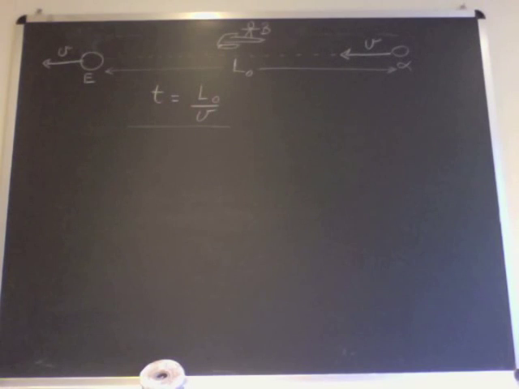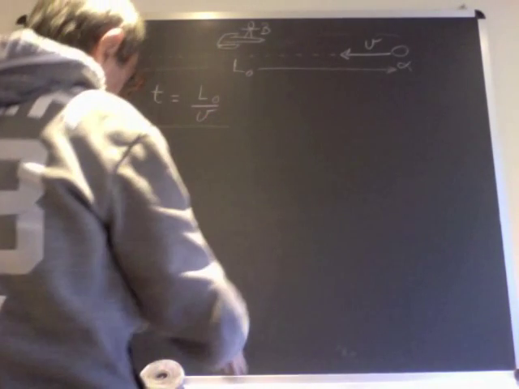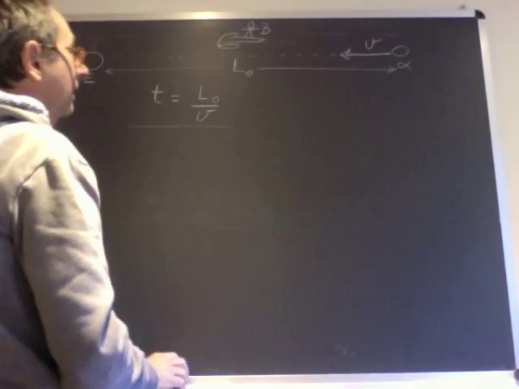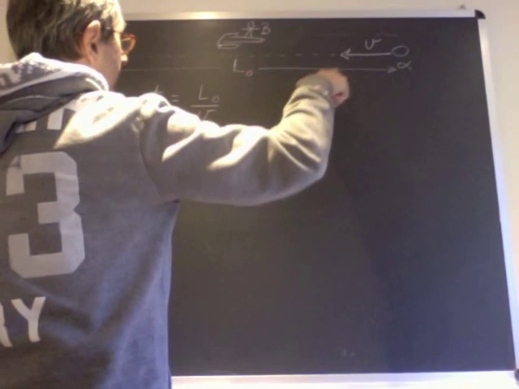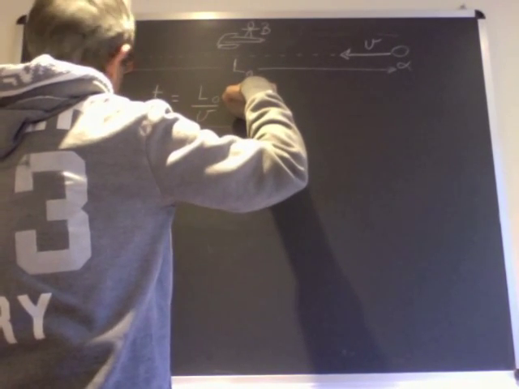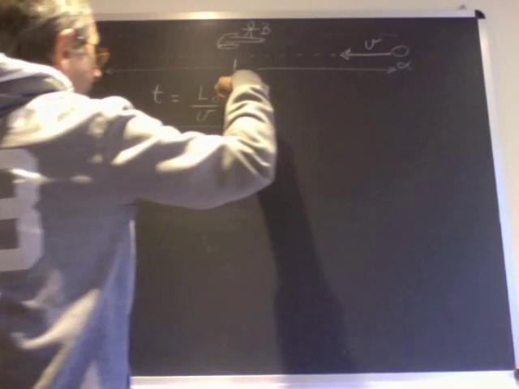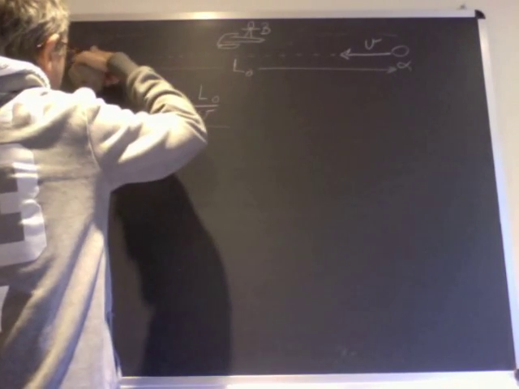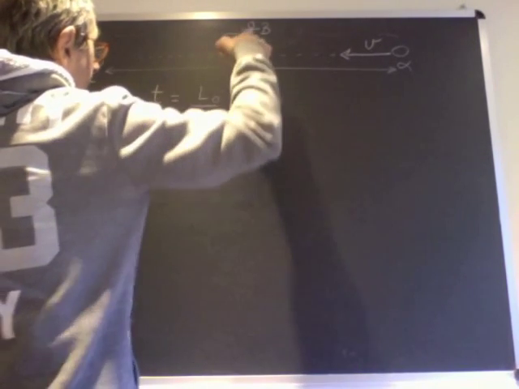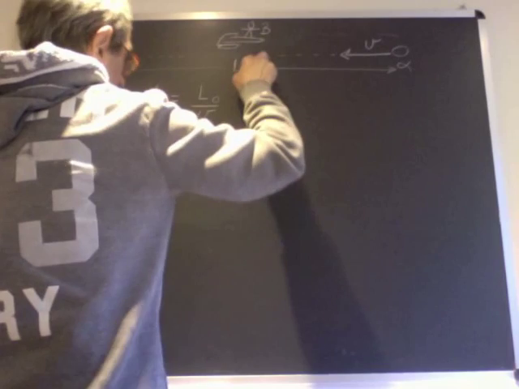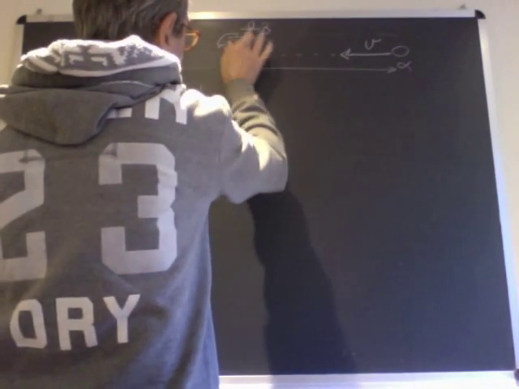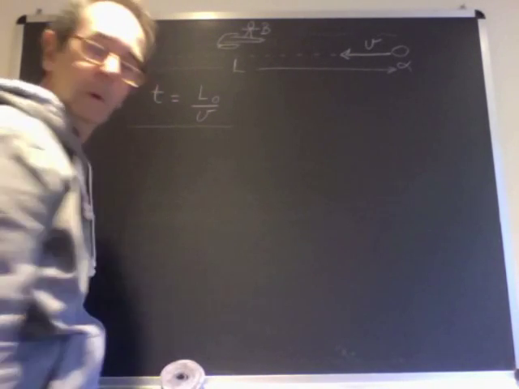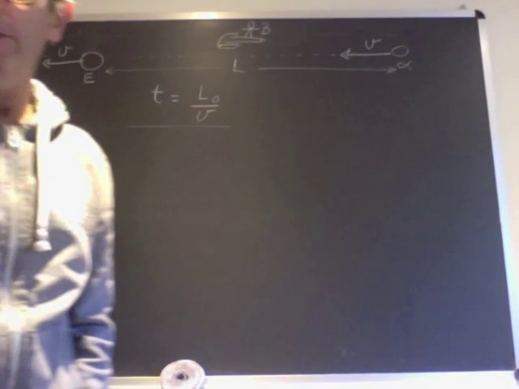Well, in this case, we cannot say anymore that the distance between Earth and Alpha Centauri is L0, because L0 was the distance measured by A. Now we call it L, that is the distance as measured by B. Good.